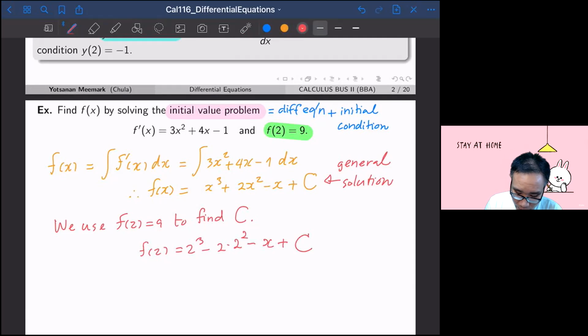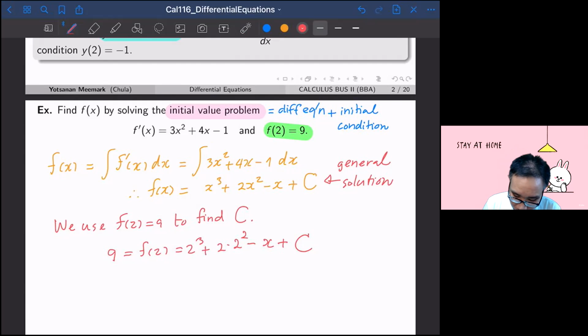And you're going to have f of 2 equal to 9. So it's going to be 2 to the third, plus 2 times 2 squared, minus x plus c. And I made a mistake, it's going to be plus here, right?